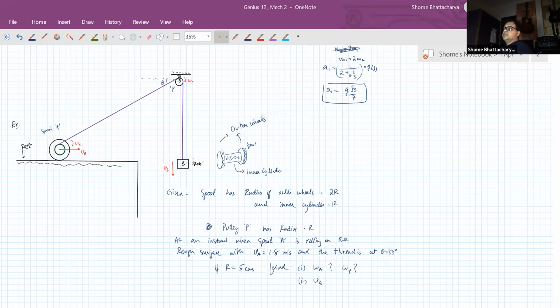No, Ganesh, you have to be a little bit careful. There's an inner radius and outer radius. So first tell me how much will be omega A and omega B, or omega of the pulley. The thread does not slip at either of the pulley surfaces, that we have to consider.